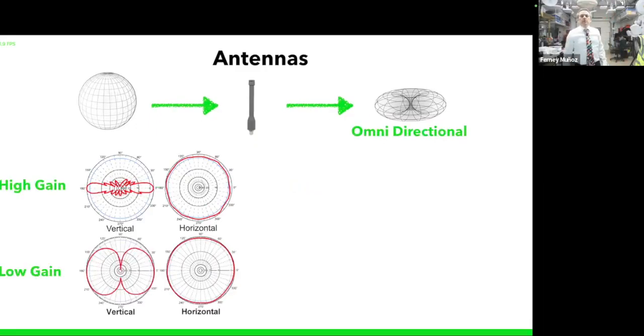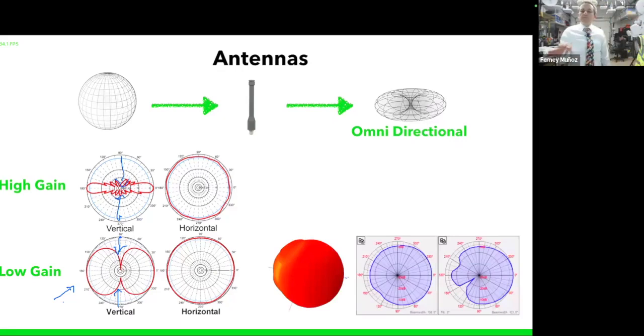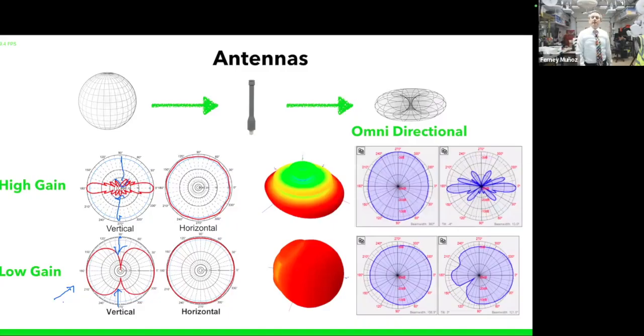So we have this omnidirectional antenna, and we have a low gain, meaning compared to an isotropic radiator, I'm just squeezing that a little bit. If I have a higher gain omnidirectional antenna, what those graphs are going to look like is going to be this for the low gain and that for the high gain. Meaning, if you squeeze it more, top and bottom, the energy starts increasing in this direction.